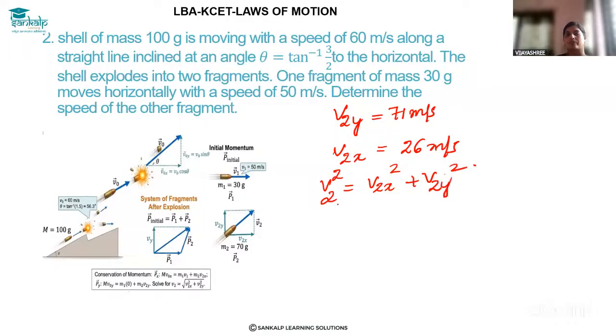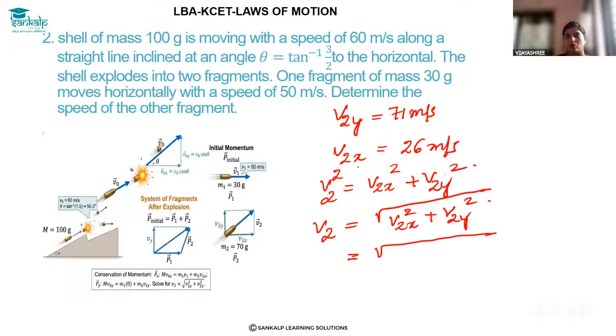Simplifying, therefore v2 is equal to the square root of v2x square plus v2y square. Just substitute it: v2x is 26 square plus v2y is 71 square.